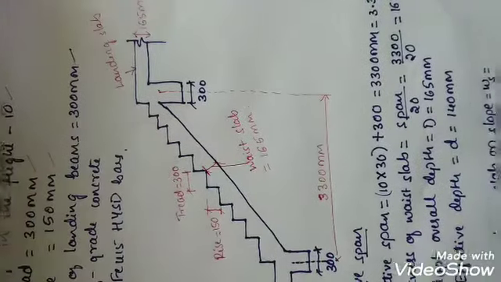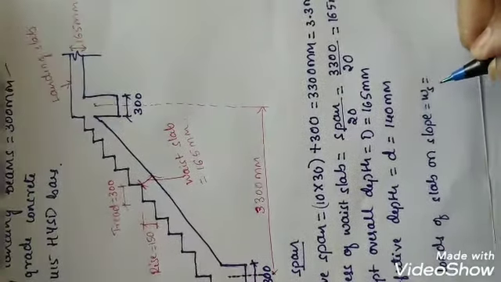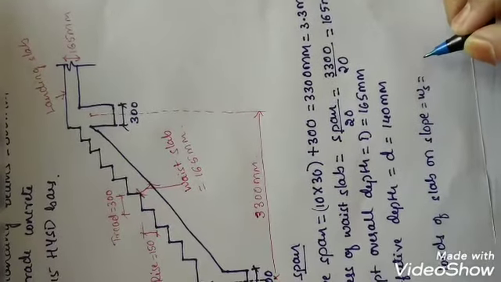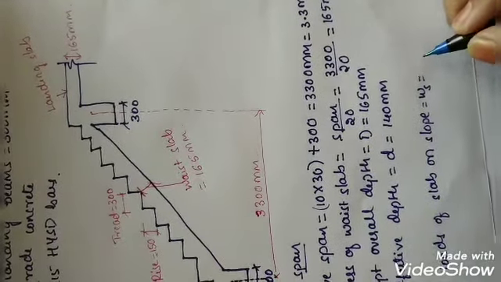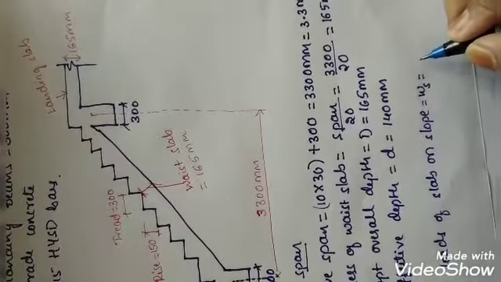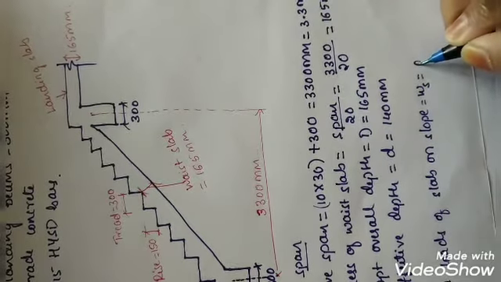We should consider that dead load of the slab on the slope, and the notation I have given is WS. So that is equal to, we know how to calculate the dead load, otherwise self weight, nothing but area into unit weight.